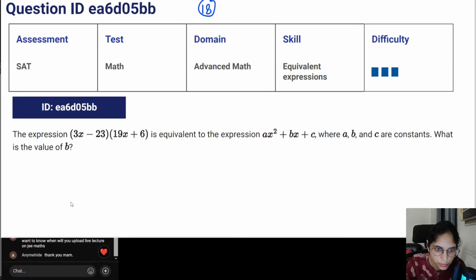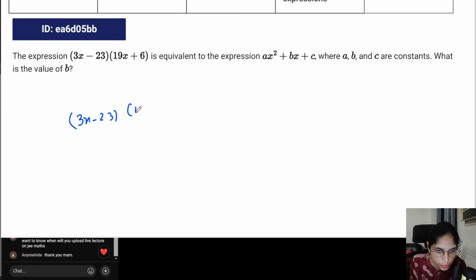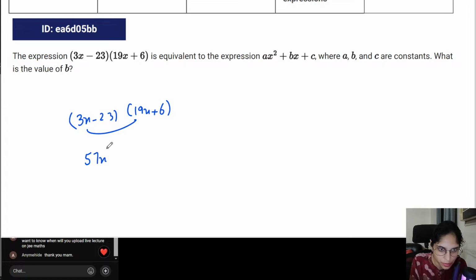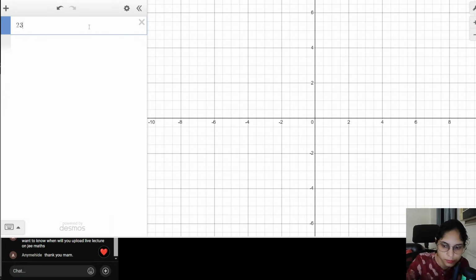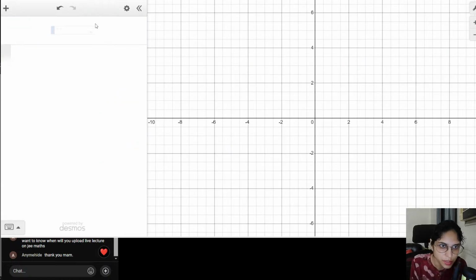What is the value of b they want to know? So you have to apply the FOIL. 3 times 19 is 57, or otherwise you can try over here. 57x squared plus 18x minus, we need 23 times 19. 437 minus 437x minus 23 times 6. 138, but let's check as well.